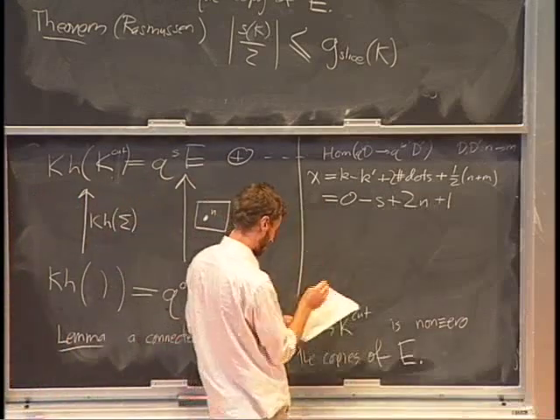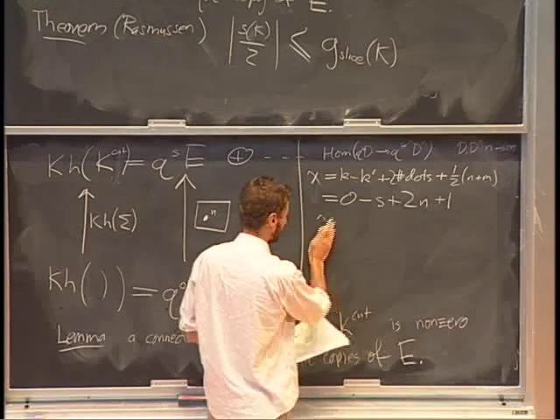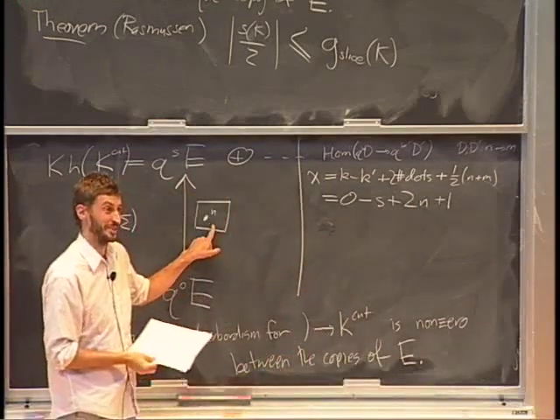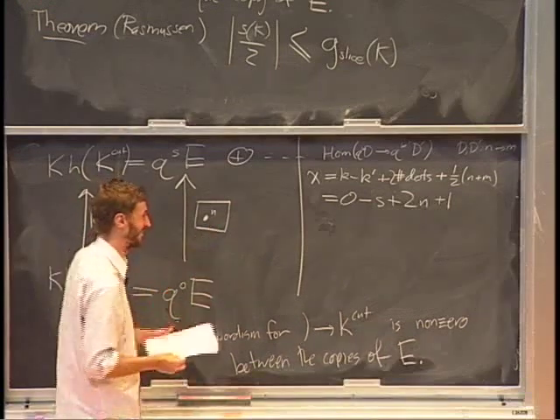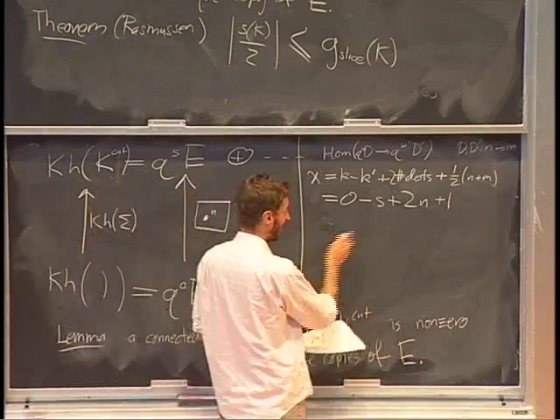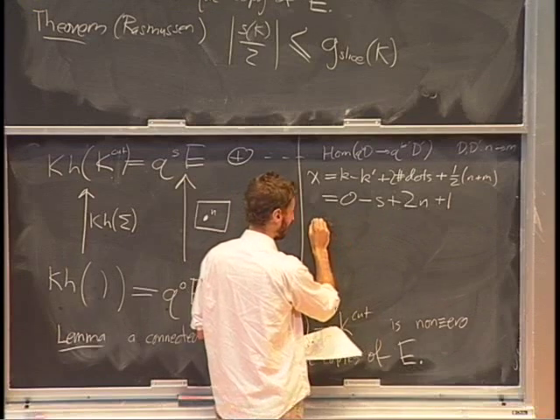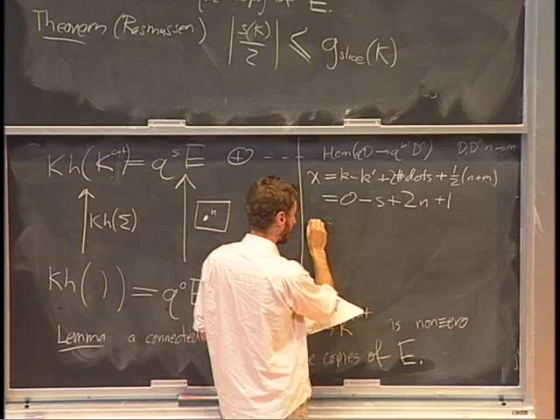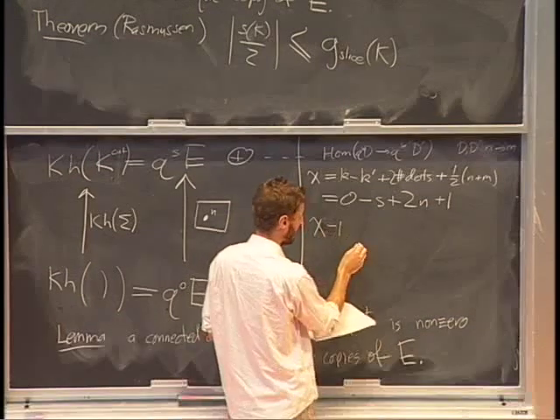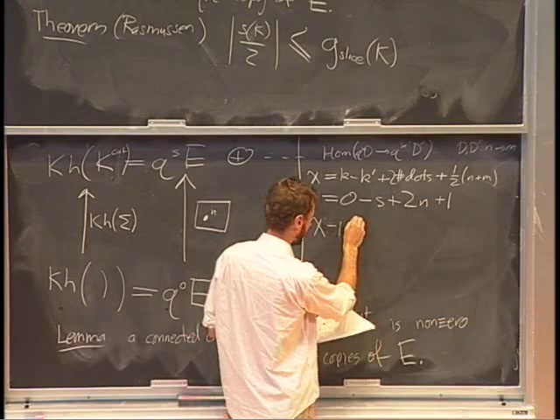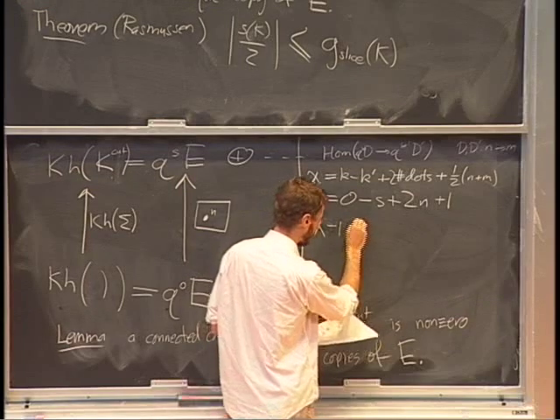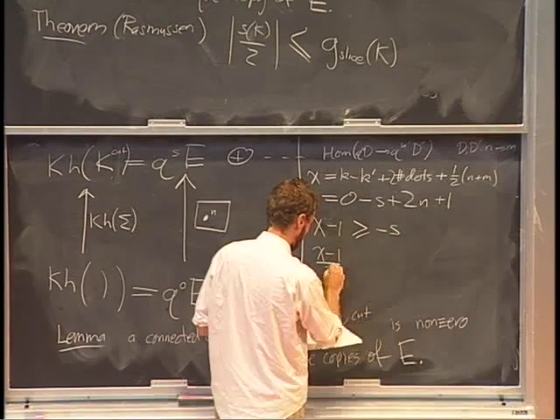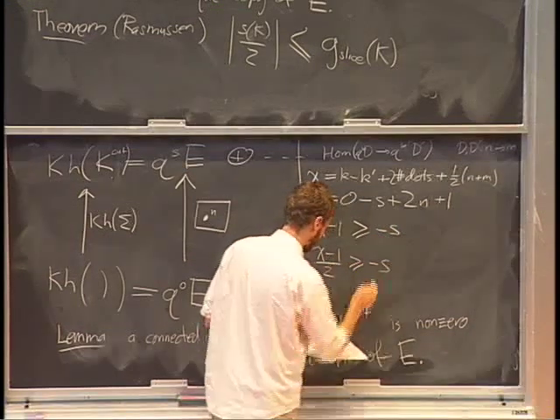Okay. Now let's just rearrange a little bit and write this. Let's just observe that the number of dots must be positive. We don't have negative numbers of dots. So this quantity is positive, and so we can write, rearranging a little, that the Euler characteristic minus 1 is greater than negative s, or the Euler characteristic over 2 is greater than negative s.